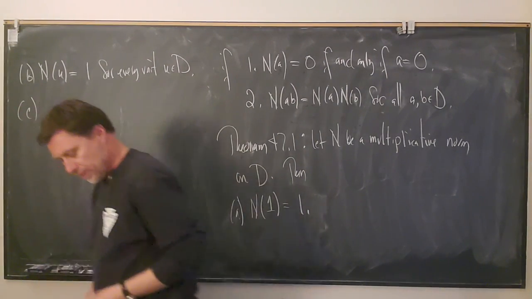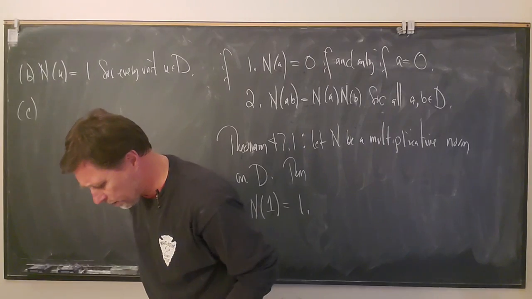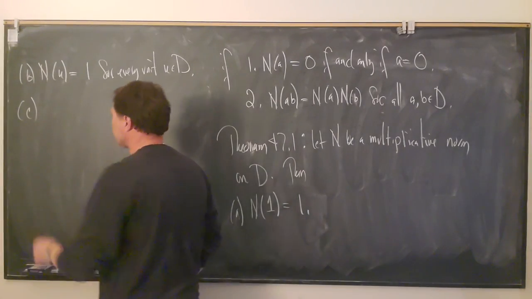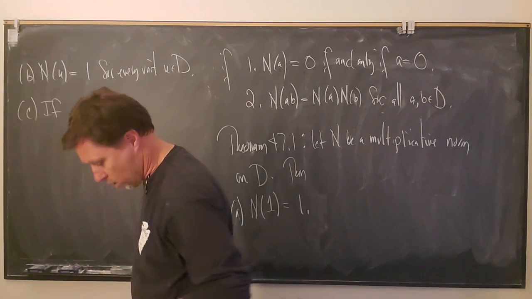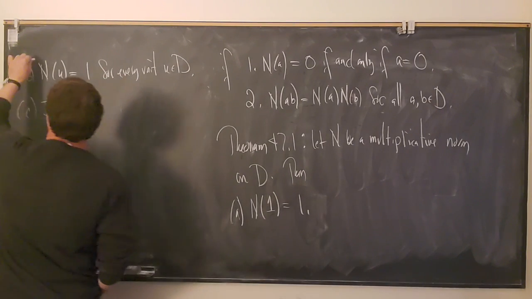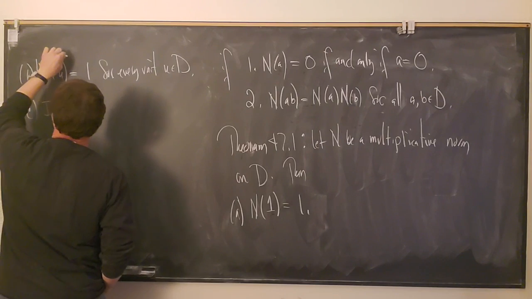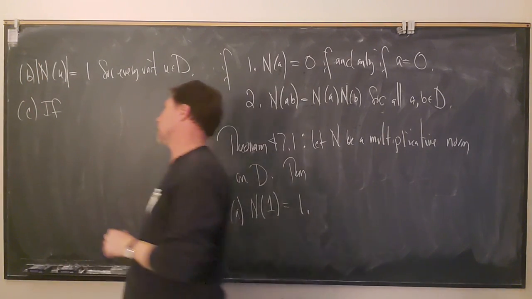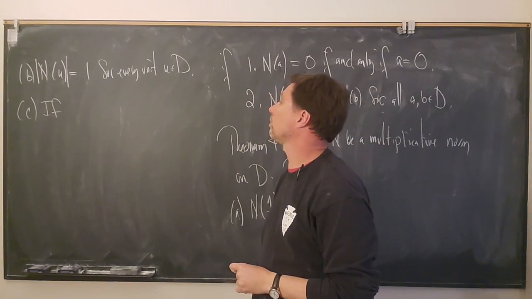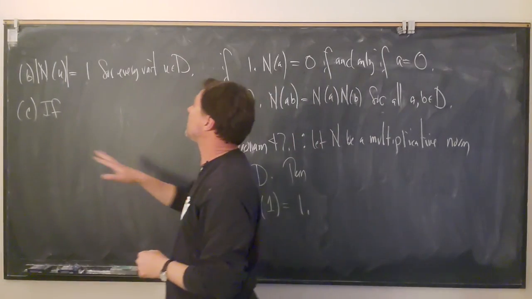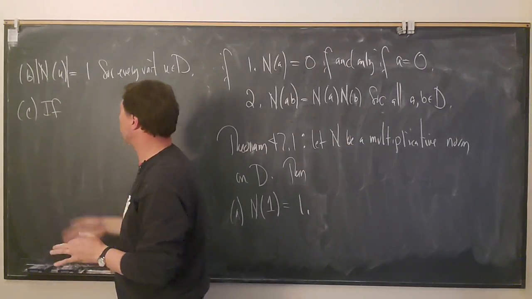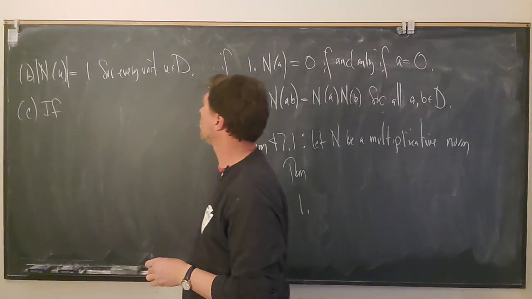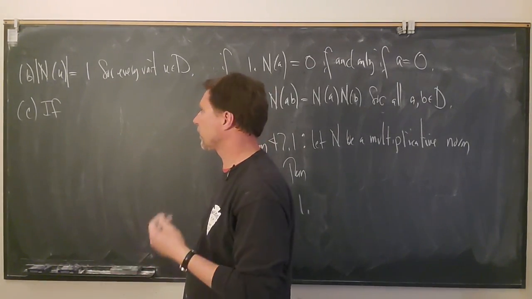And then the third part goes like this. This is kind of a mouthful. Oh, and I just screwed this up. Sorry, I need absolute value right there. So the norm takes a unit to plus or minus 1, so the absolute value of the norm of every unit is 1.